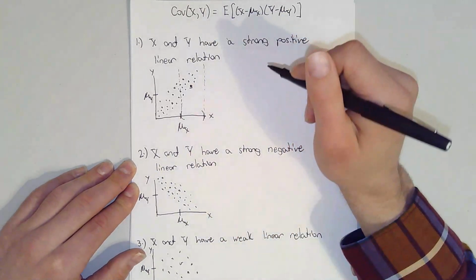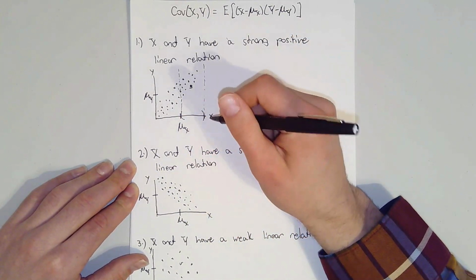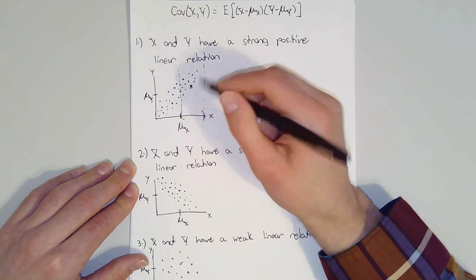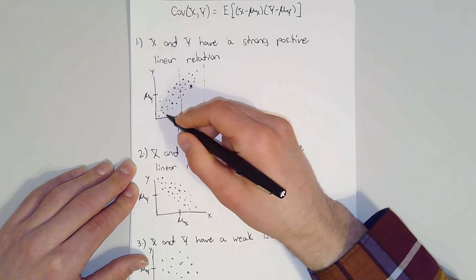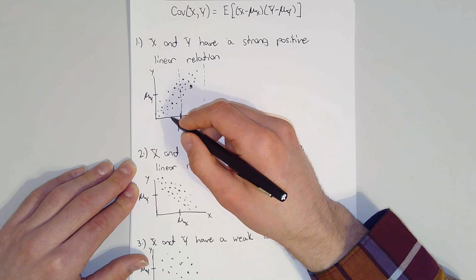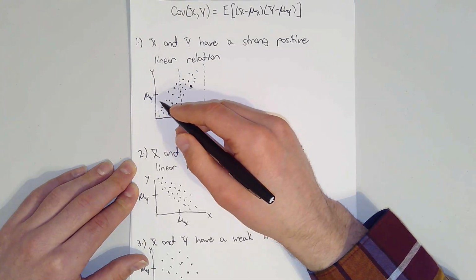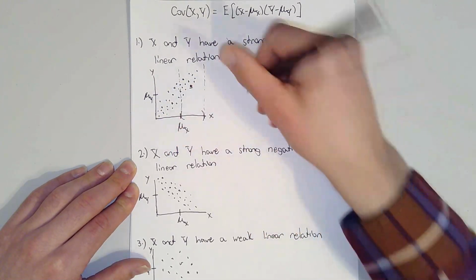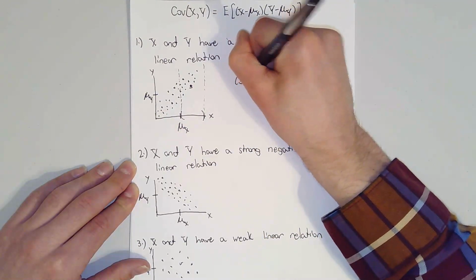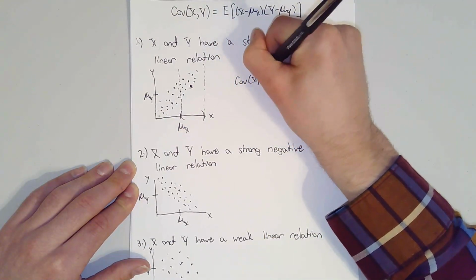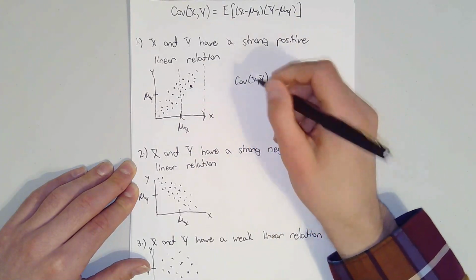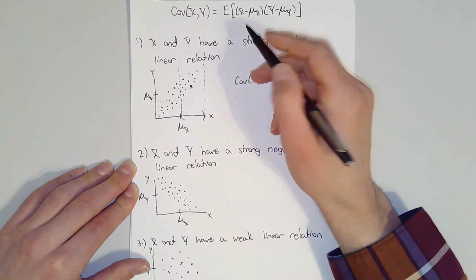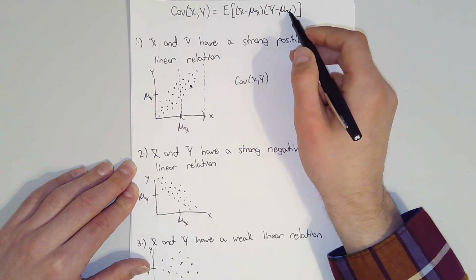In short, it's saying that large values of capital X correspond to large values of capital Y. Similarly, small values of capital X correspond to small values of capital Y. In conclusion, the covariance of capital X and capital Y, which is just the expectation of this quantity.